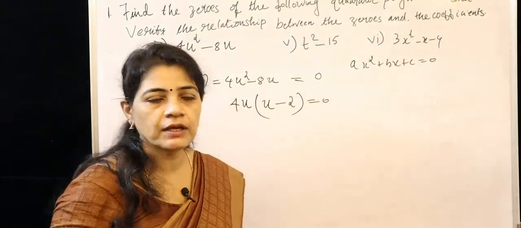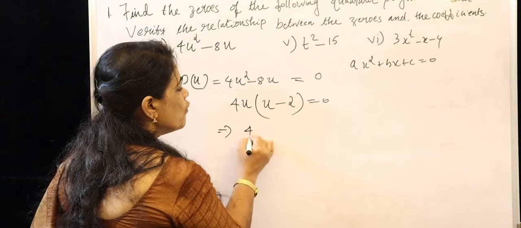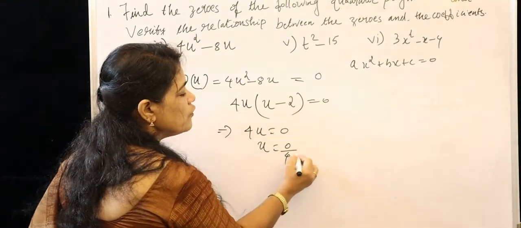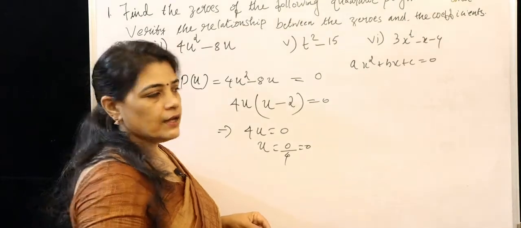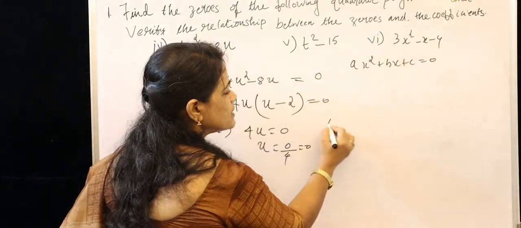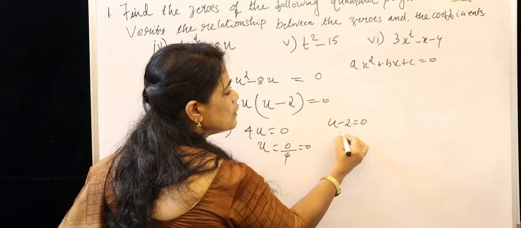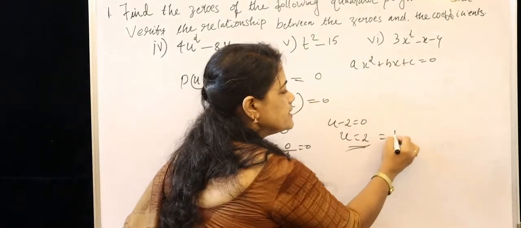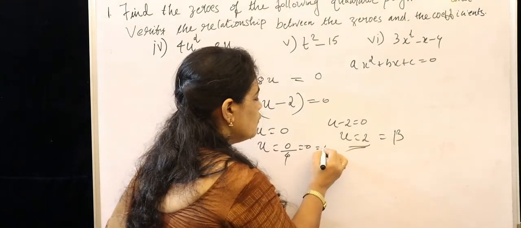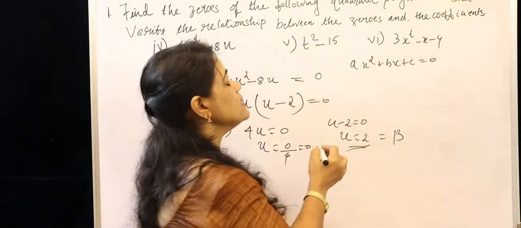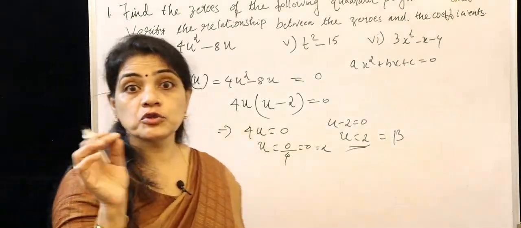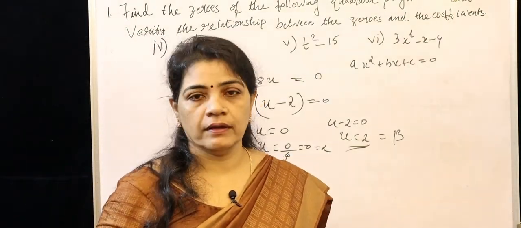So each factor can be equated to 0, implies 4u equal to 0 and u is equal to 0 by 4, that is 0. And when we are equating the second factor, u minus 2 equal to 0, u can be 2. So let it be beta and this can be alpha. So we have alpha as 0 and beta we got it as 2. Now we are going to compare.